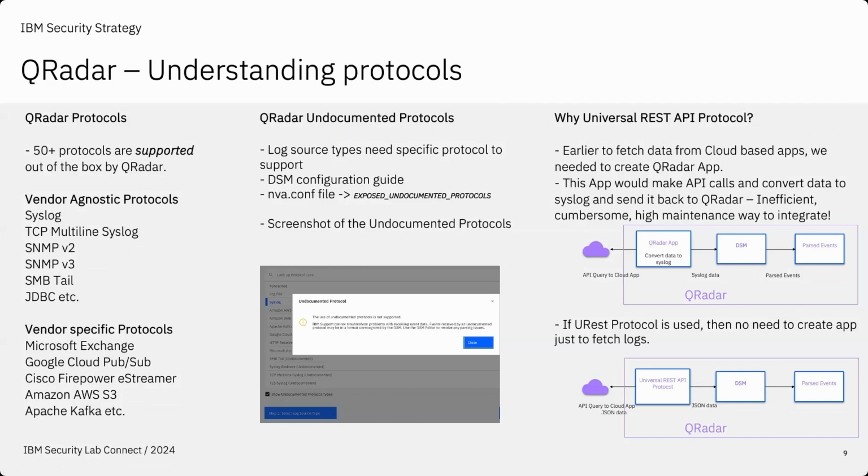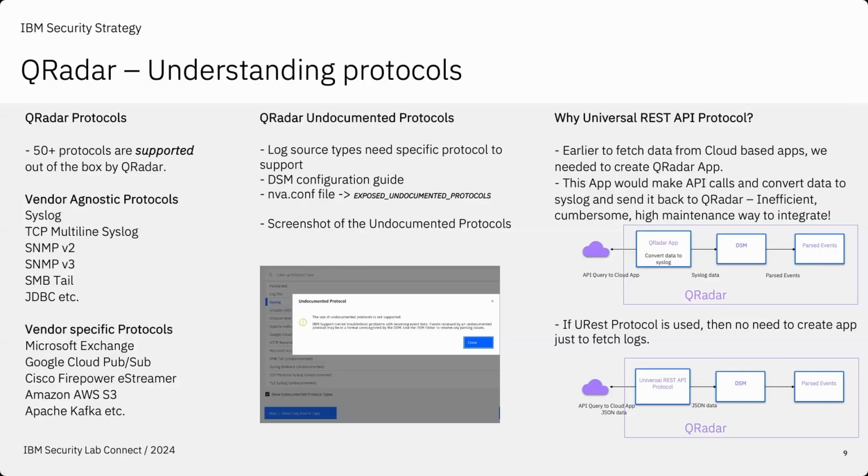On the left hand side, you may see that there are more than 50 protocols which are supported out of the box. This includes vendor agnostic protocols like TLS syslog, JDBC, etc. On the other hand, we have vendor specific protocols too. We have a few vendors like Microsoft, Google, and Amazon, which are mentioned here, and their protocols too.